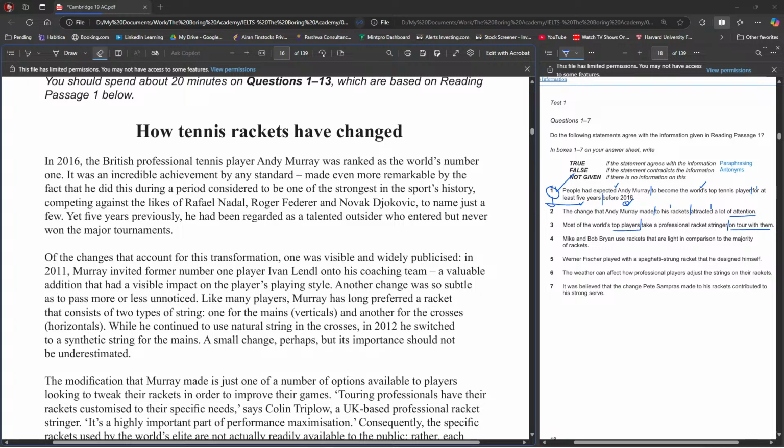In 2016, the British professional tennis player Andy Murray was ranked as the world's number one.